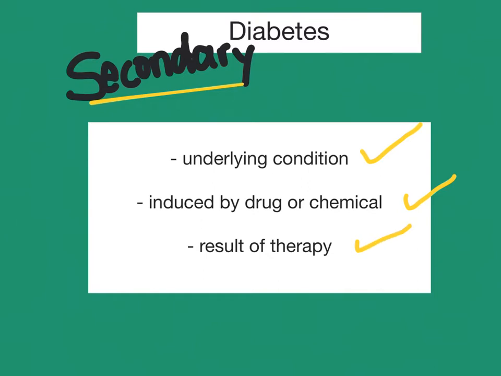An example of this would be, let's say the patient had the pancreas removed. Well, the pancreas produces insulin, so that would be considered secondary diabetes, not type 1, not type 2, but something that is the result of that therapy.